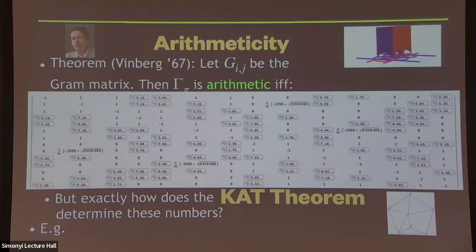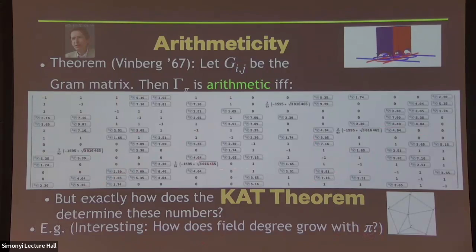By the way, as I was preparing these lectures, I remembered I have no idea if there's any control on the degree of the number fields that arise, how that grows with the combinatorial complexity of the polyhedron. That's a separate question.